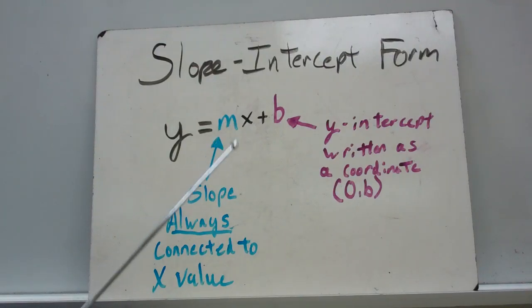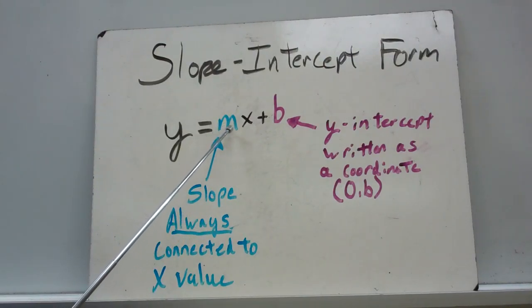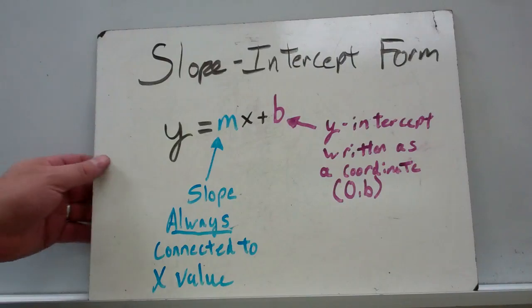So we know how to find slope, and slope will always be the number connected to the x value. And then this b will represent the y-intercept. So once we have that information, we can put in our x value, and that will give us our output, our y value. All right, let's take a look at an example.